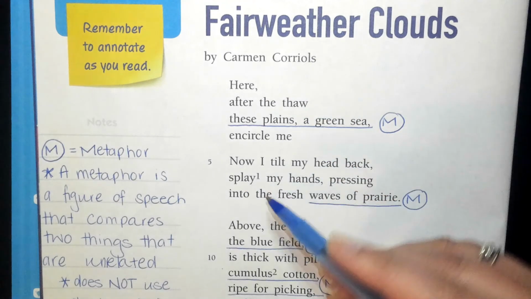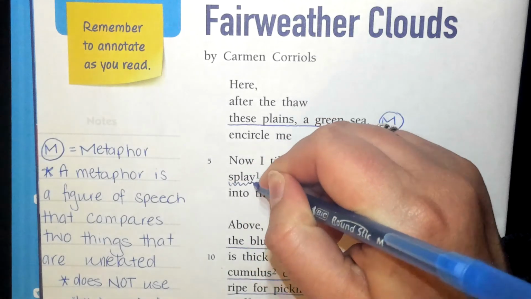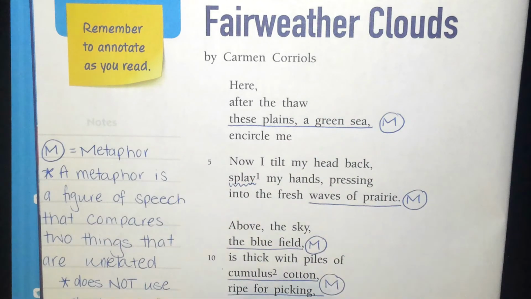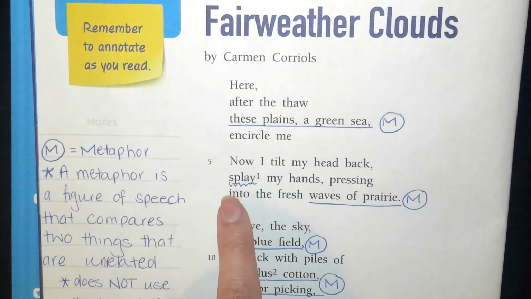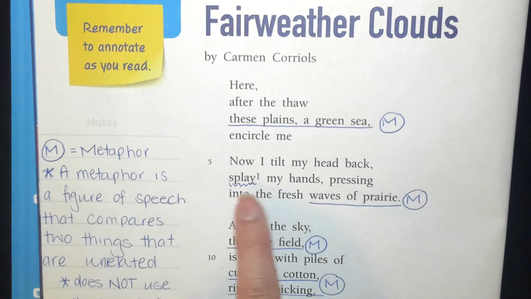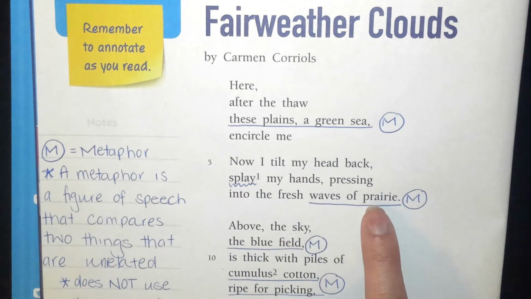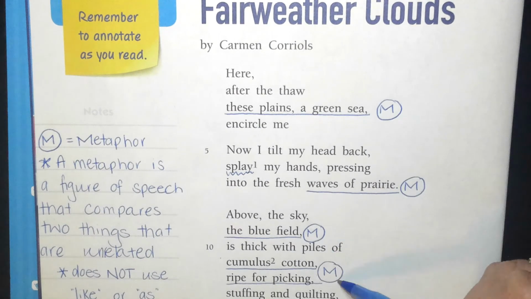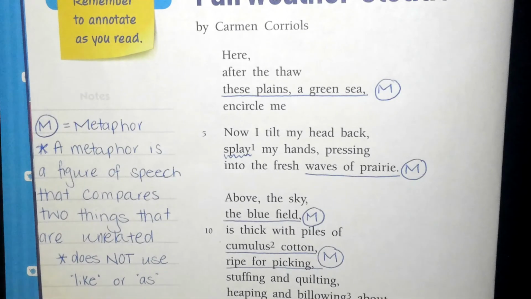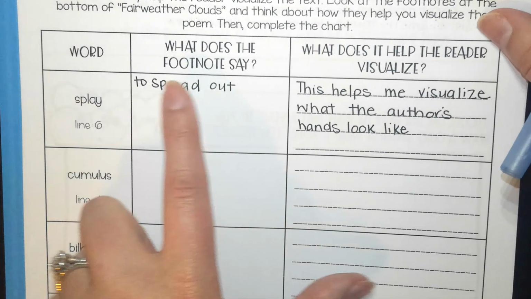Here's splay right here. Okay, so this line says, now I tilt my head back, splay my hands, pressing into the fresh waves of prairie. And you'll notice I have some annotations here. This is for another lesson, so come back for that one. Okay, so splay in this case means spread out.